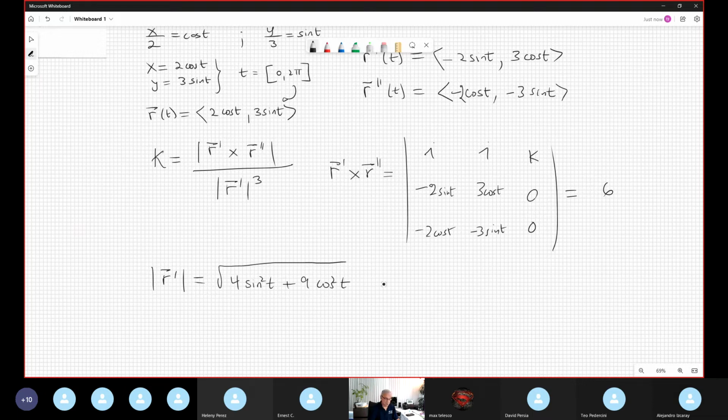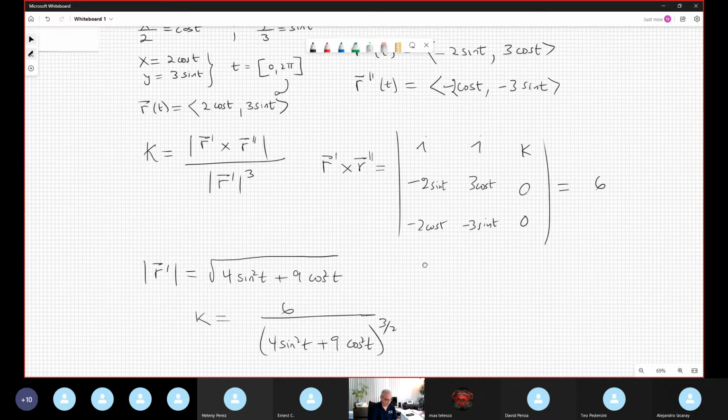Okay, so now our kappa, the curvature, is 6 divided by this, so 4 sine squared t plus 9 cosine squared t raised to the 3/2, because the formula has a cubic power and we have a square root, so it's 3/2.